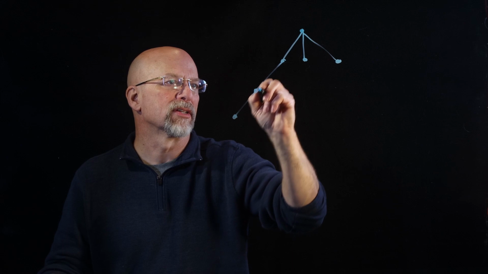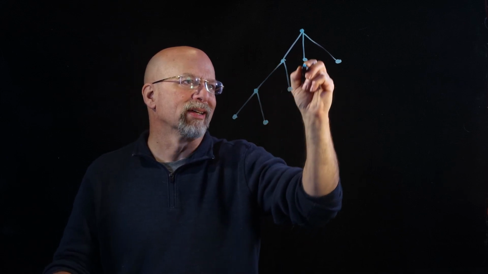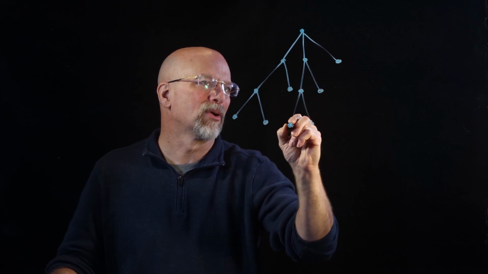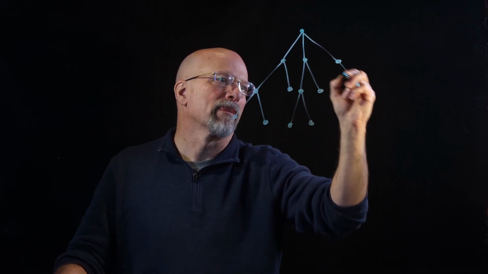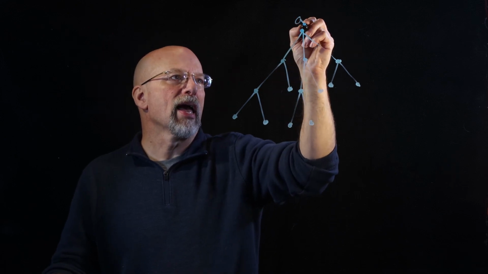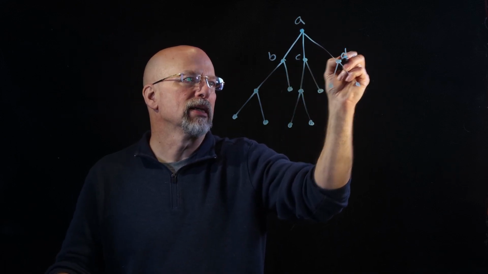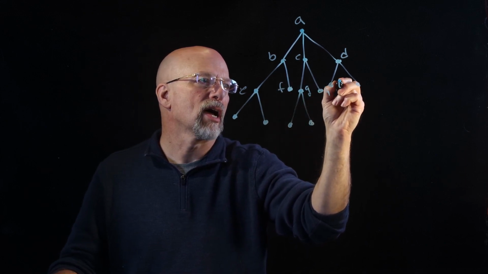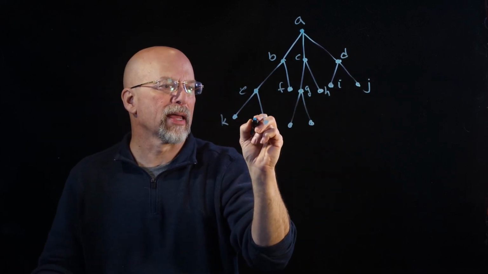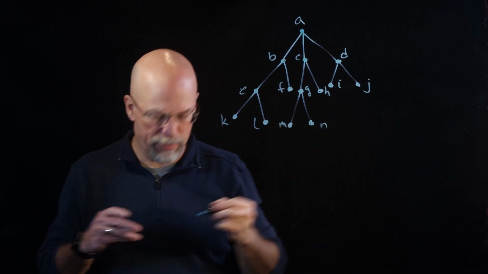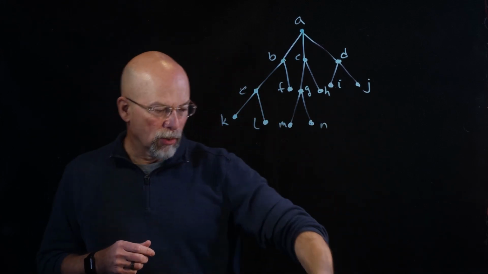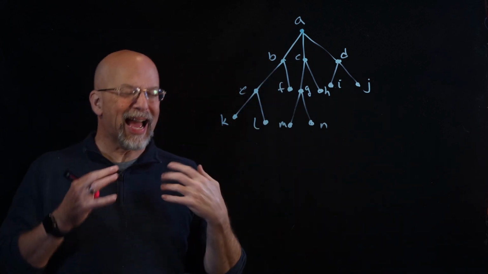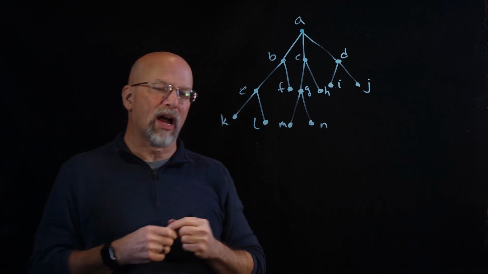I'm just going to create this rather interesting complex tree, and in fact I'm going to label the nodes, and we'll just say A, B, C, D, E, F, G, H, I, J, K, L, M, N. All right, so there are my nodes. Now, the question is what process do I use? And it has to be a rather rigorous process.